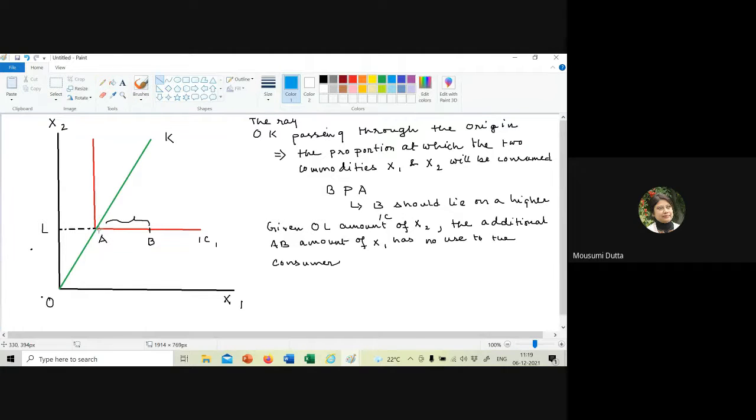Given this particular amount of X1, if I consider a point like this, the additional amount of the commodity has no use. Given AL amount of X1, if I consider this point as say D, AD amount of X2 becomes redundant to the consumer.